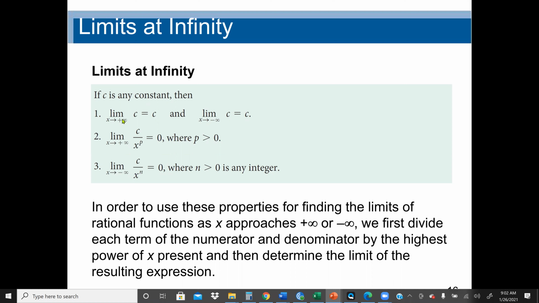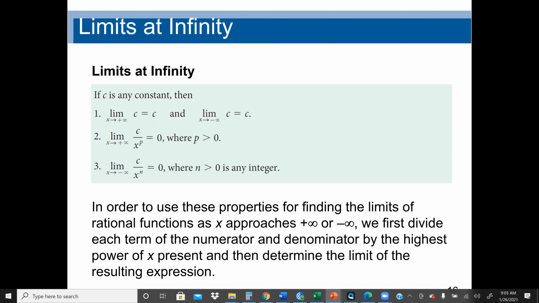If a limit is approaching a value, let's say 10, 1, 3, something, then you just substitute the value into the x, whatever variable you are using. Here, mostly we are using x. Anywhere we see x, we substitute the value and solve it. The only thing we should remember is that when you solve it and your answer is 0 over 0, it means you have to reduce your equation. If it's 0 over a value, then the answer is 0. If it's a value over 0, that means the limit does not exist.